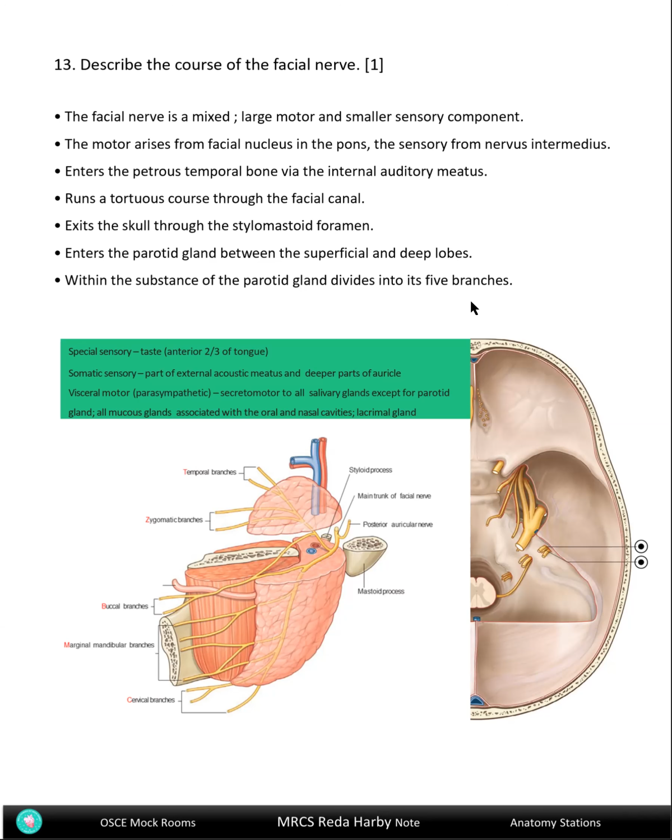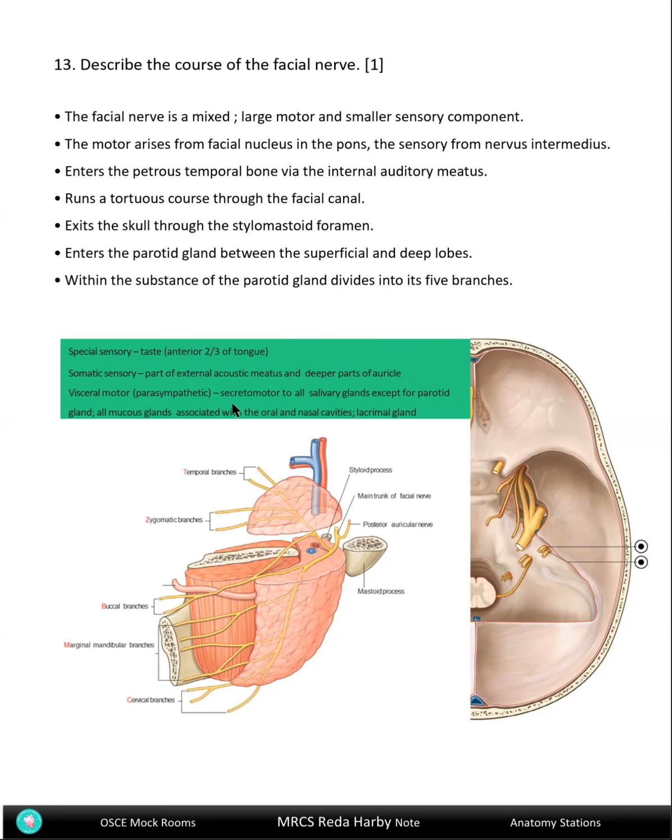Within it gives the pes anserinus, the duck leg, 5 branches, "two zoo by motorcycle": temporal, zygomatic, buccal, marginal mandibular, and cervical. The abbreviated supply: sensory, taste to the anterior 2/3 of the tongue, and somatic to part of the external acoustic meatus and deep parts of the auricle.